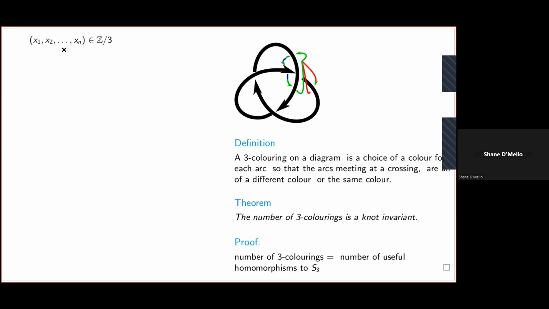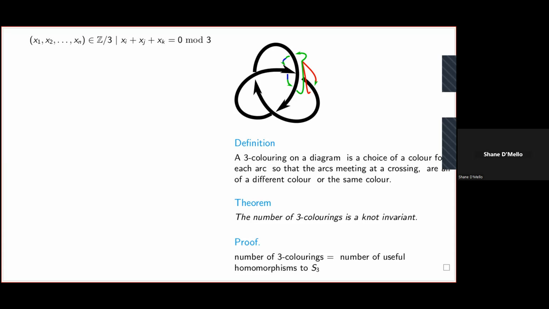But this condition that the colors have to be the same or different can be captured very easily. The condition we need is that, supposing xi, xj, and xk are three arcs meeting at a crossing, the sum should be 0 mod 3. Notice it takes care of both the conditions.